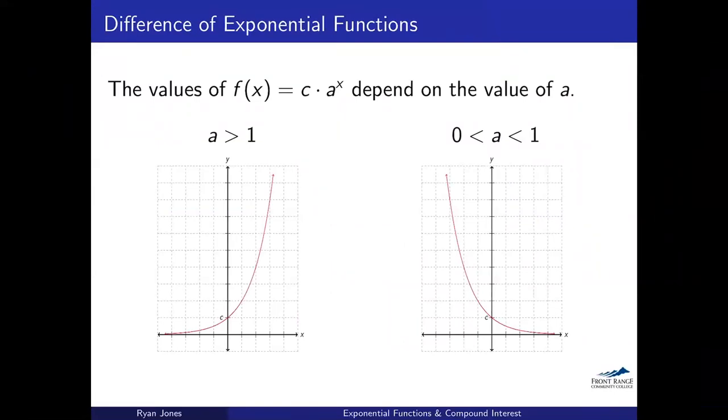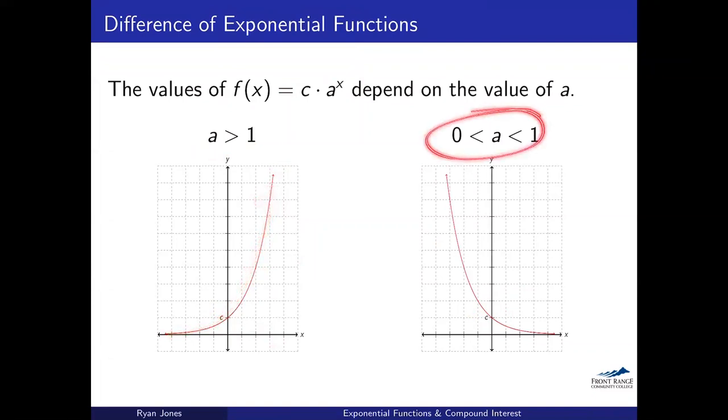So we've looked at this general format: c, some constant, multiplied by a to the x, where a is also a constant. That's my base. Dependent on that value of a, we actually get a different looking graph here. In both cases, c is that y-intercept value, that y-coordinate of the y-intercept. But if a is greater than 1, we end up with this graph that takes on this shape here, where as x increases, the graph increases as well. So this would be an increasing function.